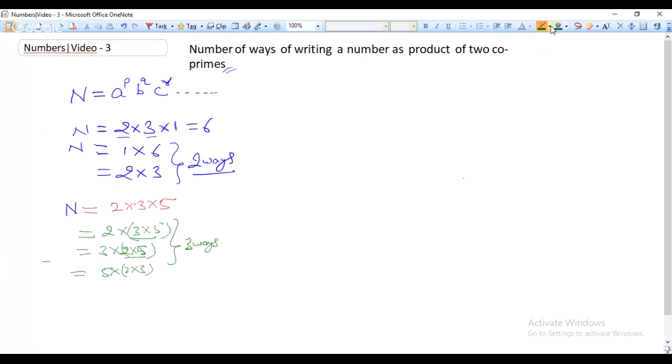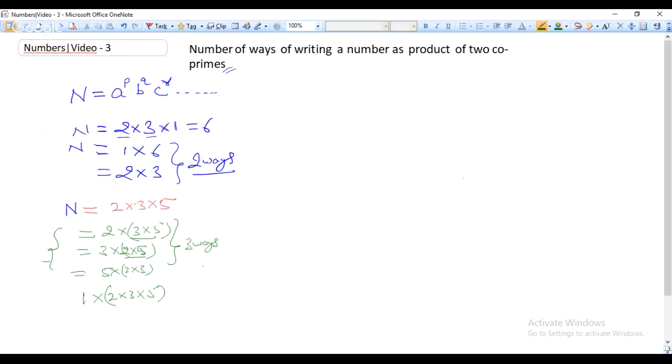Now let's take another example: two numbers at a time. Taking two numbers at a time will represent the same representation as we have done in the previous case, right? So we have three ways, and we would have another way of writing it as 1 into 2 into 3 into 5, correct?